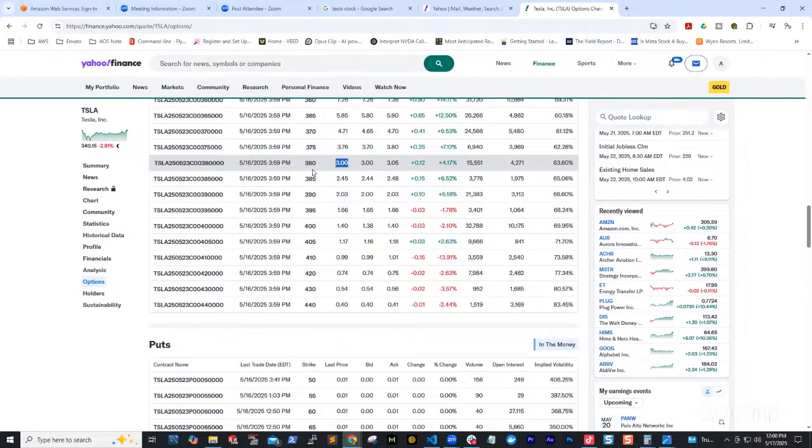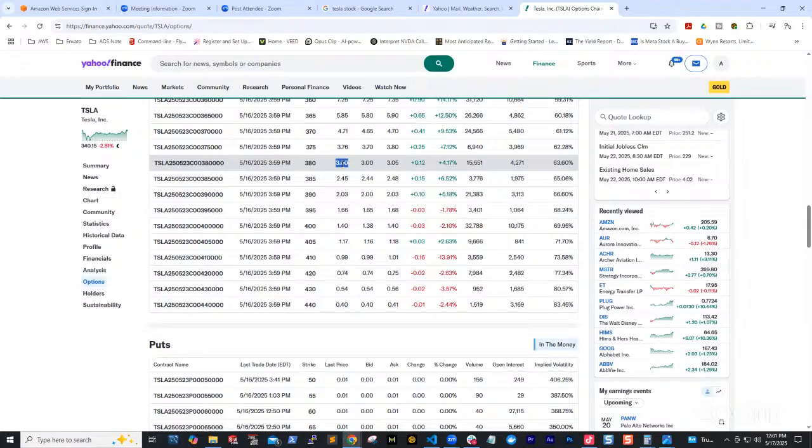Exactly. As the stock goes to 380, this $3 contract price will no longer be $3. It might be $20, it might be $30, it might be $40, right? And I'll show you some examples today. You will have to multiply it times 100. That would be your profit.